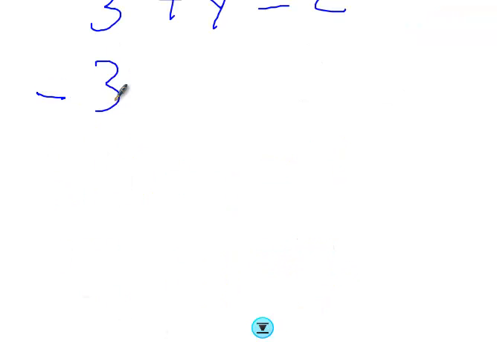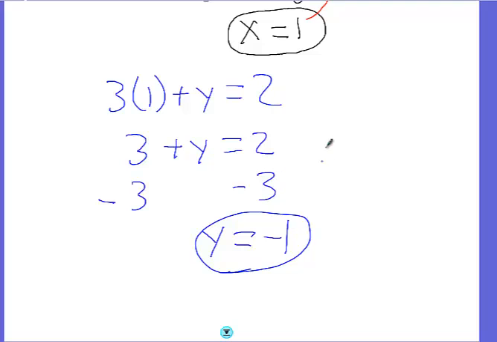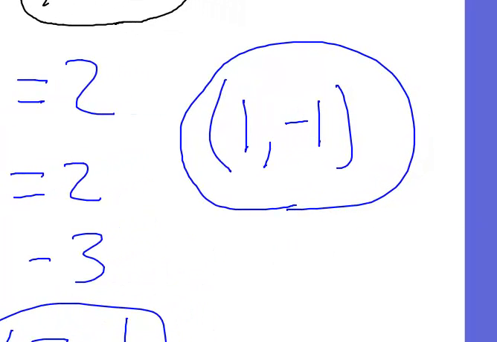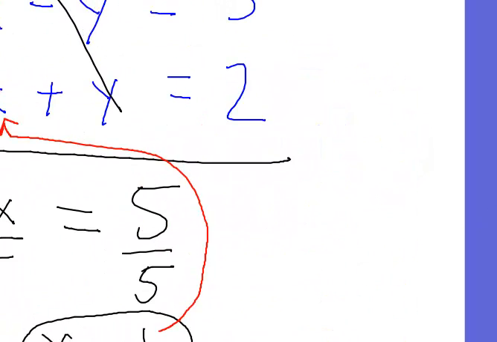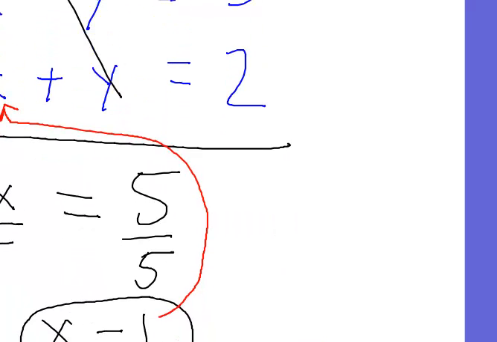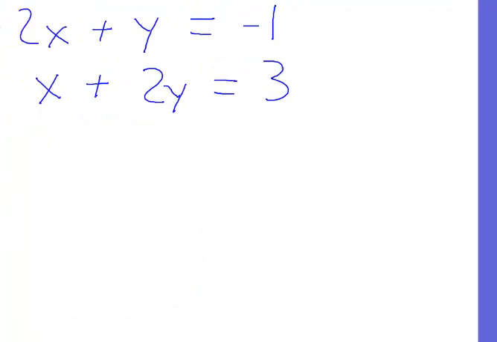We're going to subtract 3, y equals -1. So we know what our x is, we know what our y is. Again, when you write your answer, write it as a coordinate pair, x comma y, and we're good. So our solution to this system of equations is 1 comma -1. Alright? And that's elimination in a nutshell.